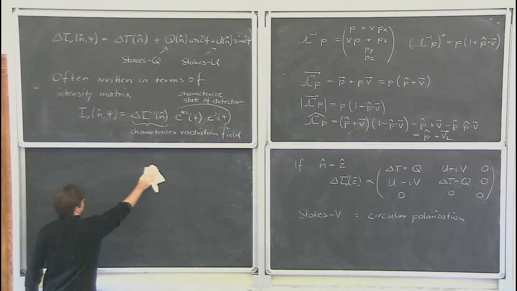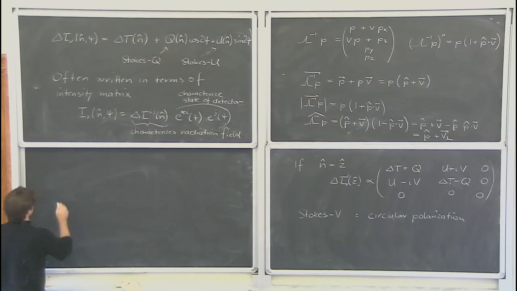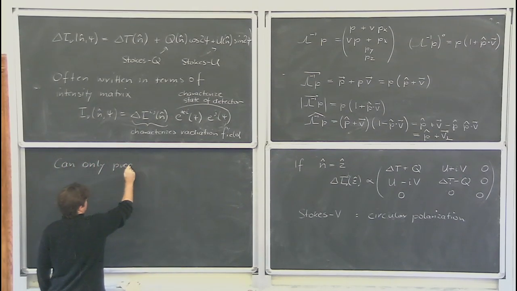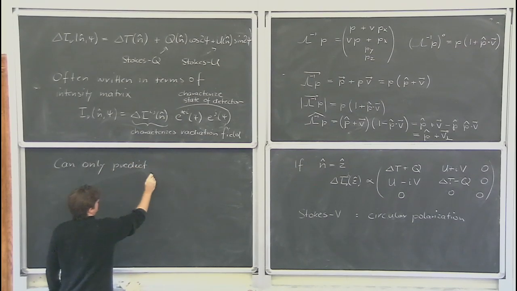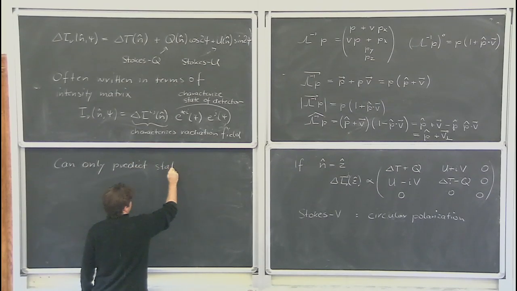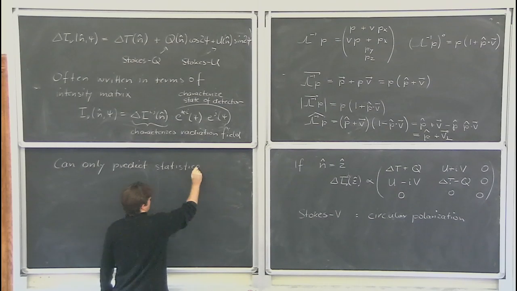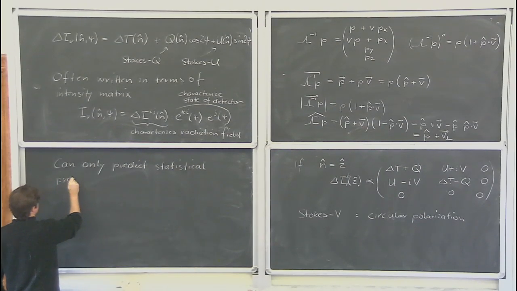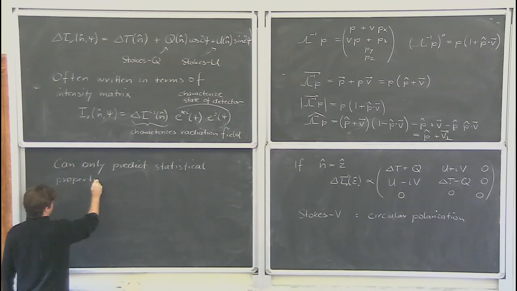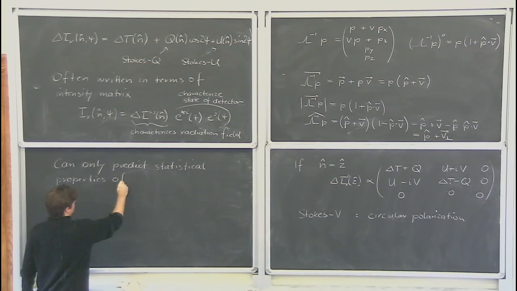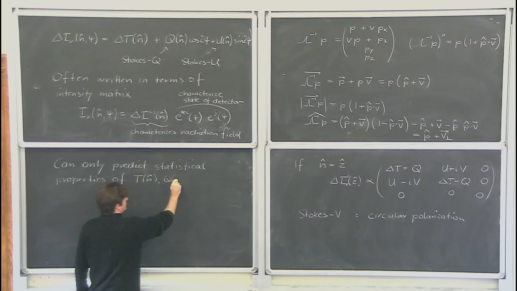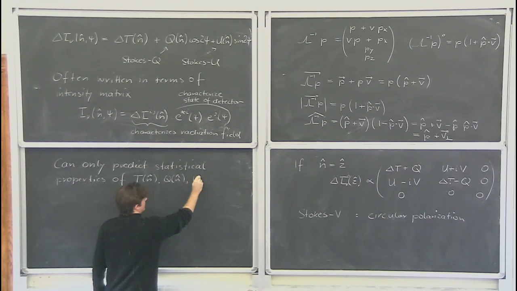So we can't really directly predict T, Q, and U. We can only predict the statistical properties of T, Q, U.